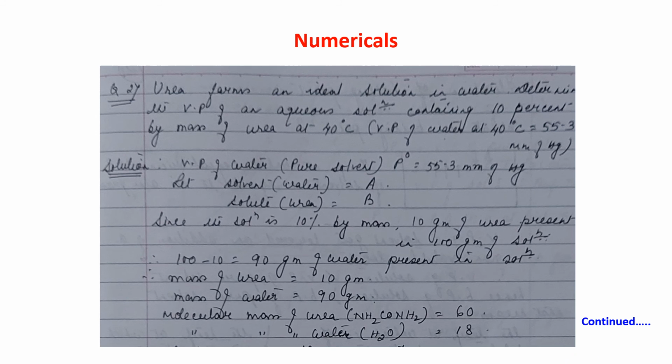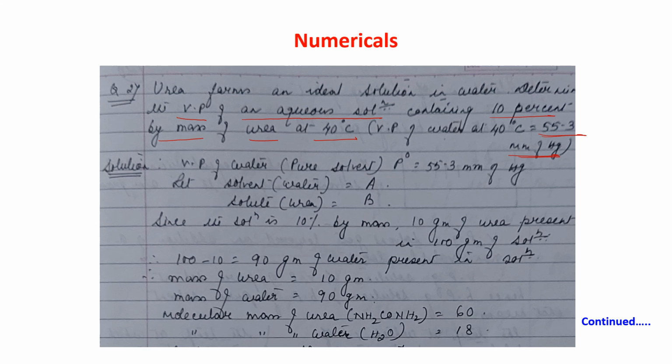Next question. Urea forms an ideal solution in water. Determine the vapor pressure of an aqueous solution containing 10% by mass of urea at 40 degrees centigrade. Vapor pressure of water at 40 degrees centigrade is given, that is 55.3 millimeter of mercury. That means what are the things given?